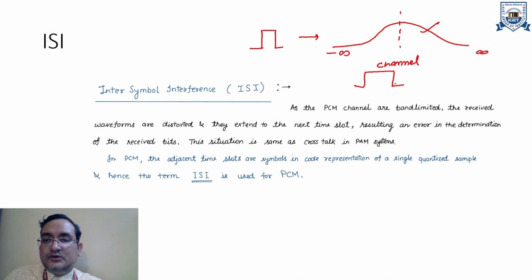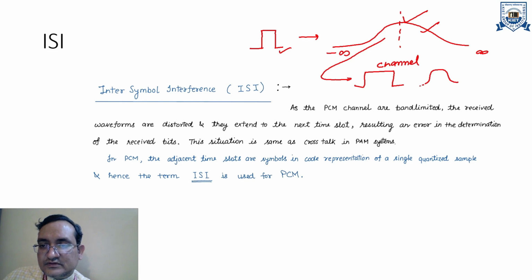Every channel in this universe is ideally not an all pass channel, so it will definitely attenuate a lot of frequencies. Once you pass this gate pulse through this band pass channel, it will definitely suppress this spectrum. After passing through it, you will only get some part of the transmitted signal, right?